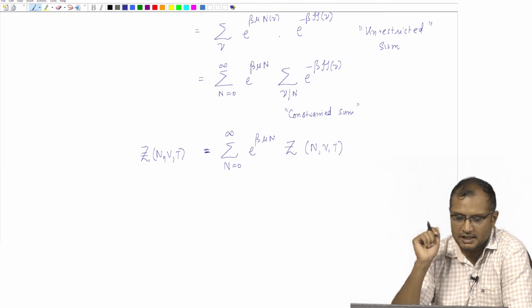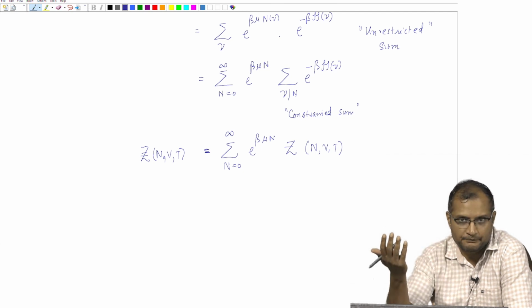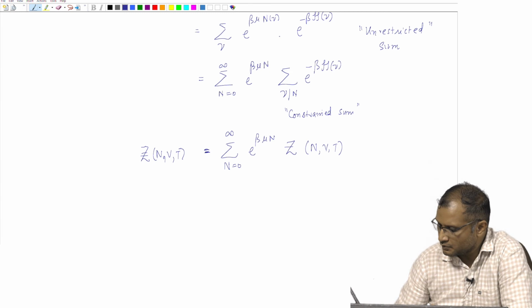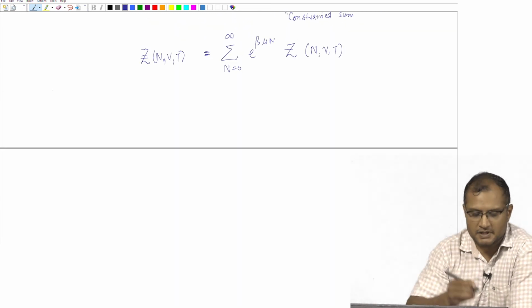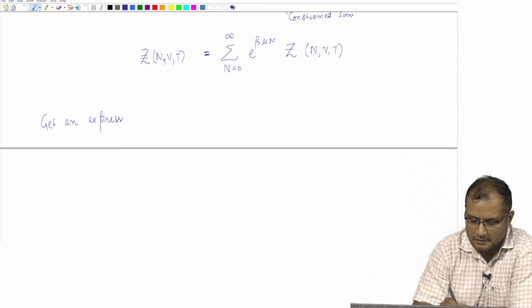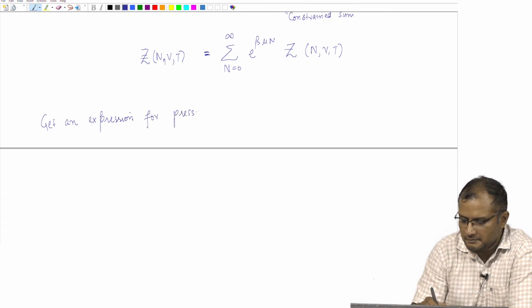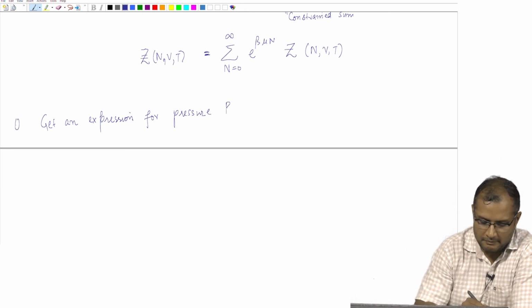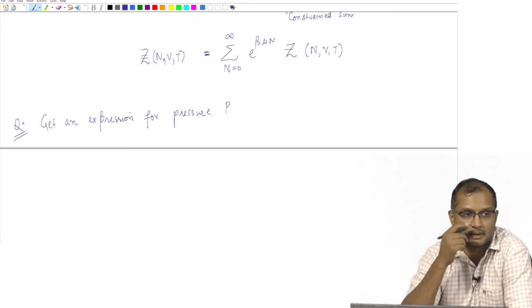So, suppose you are given the partition function form, and we ask you to get an expression for pressure P, given this form of partition function.